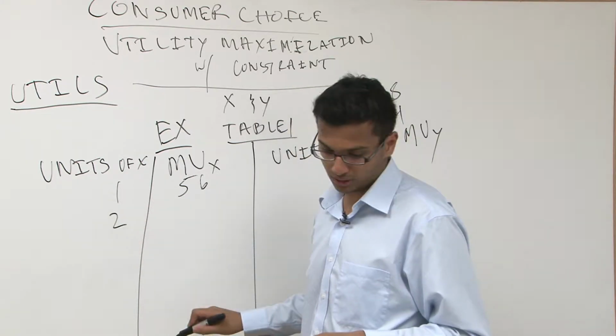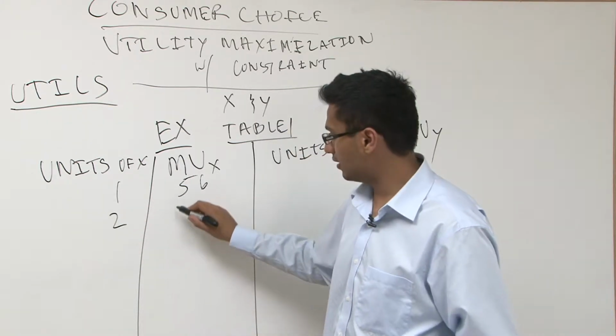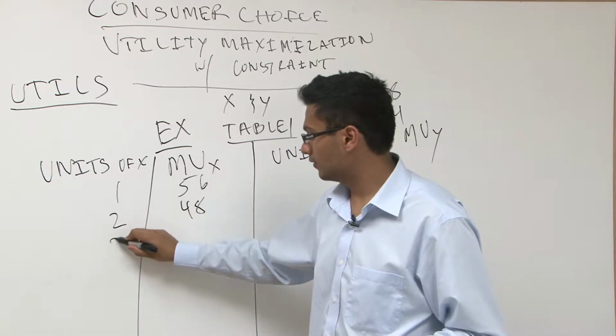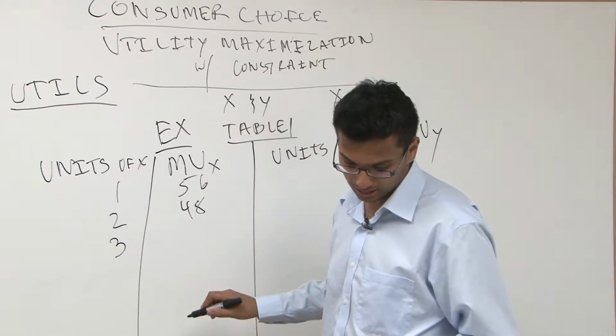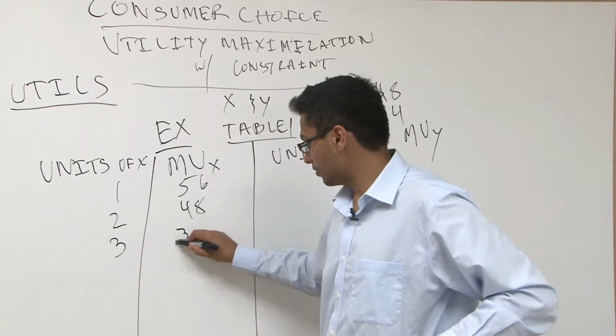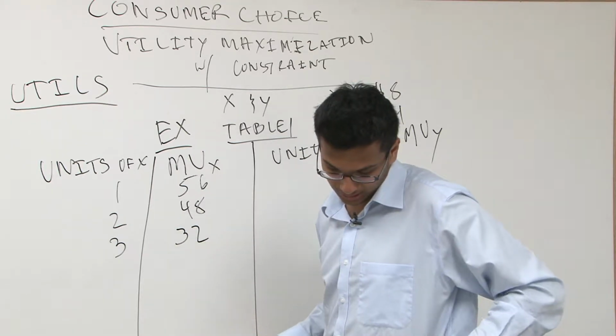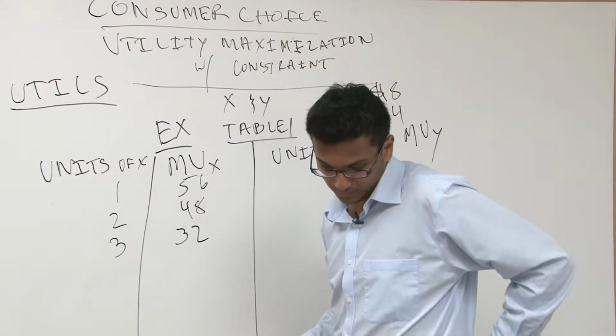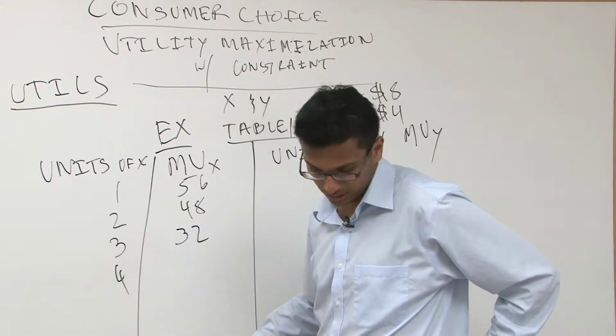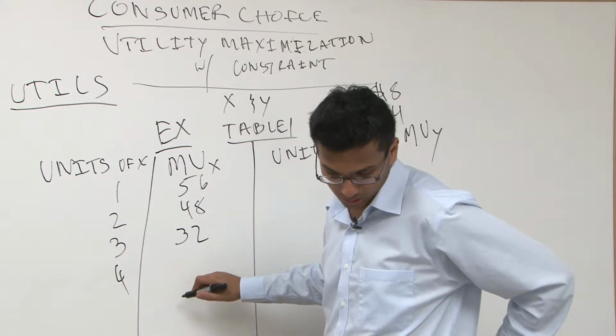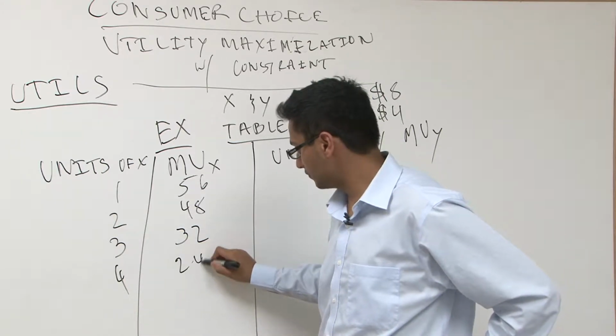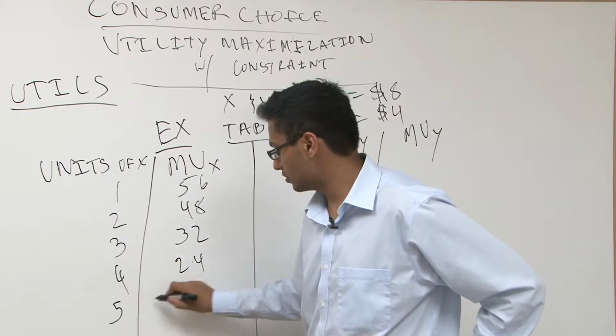For 2, I believe it's 48. For 3, it is 32. For 4, it is 24. For 5, it's 20.